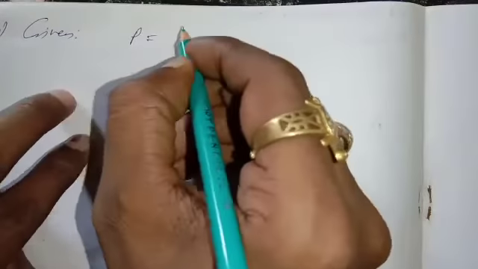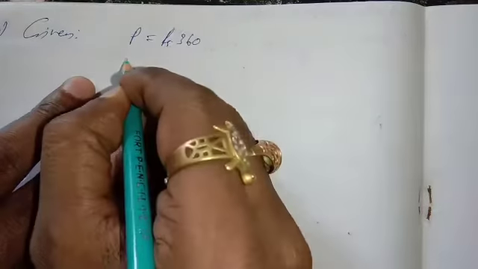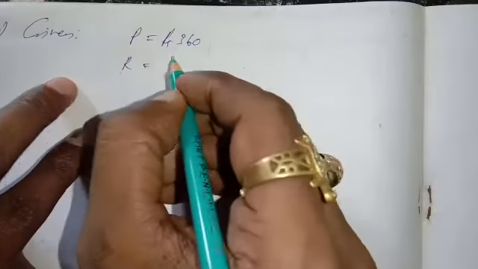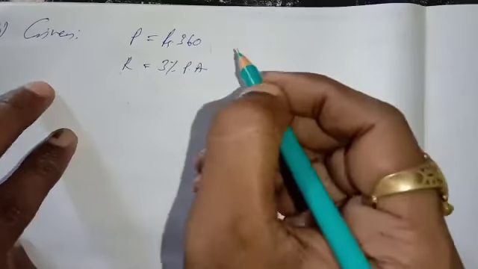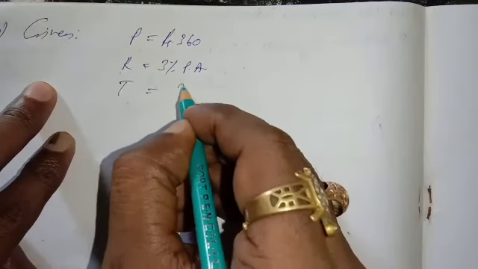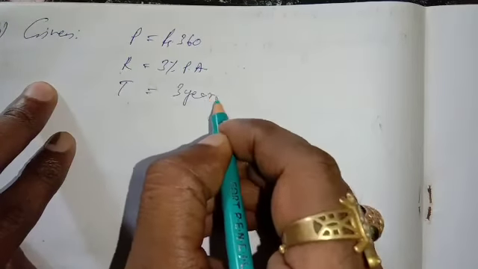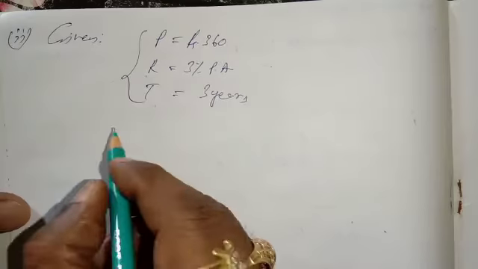Second part, first see what is given. Principal given rupees 360, rate given 3% per annum, time given 3 years. You have to apply the same concept.